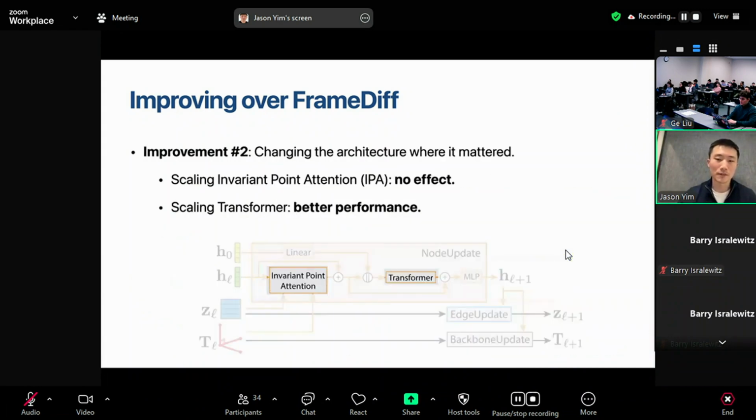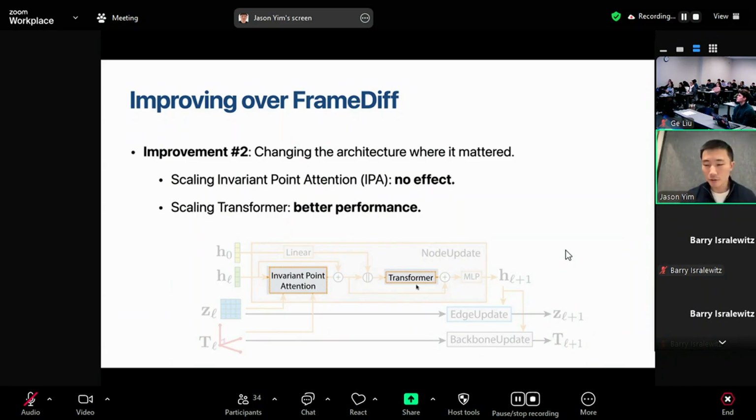The other thing that's important is, like we previously mentioned, you definitely need this spatial attention mechanism called IPA, but what do you scale though? If you want to make the model bigger, do you want to add more parameters to the spatial attention, or to the positional attention, which is just a standard transformer? We did a lot of architecture exploration and found that making the transformer bigger leads to better performance.